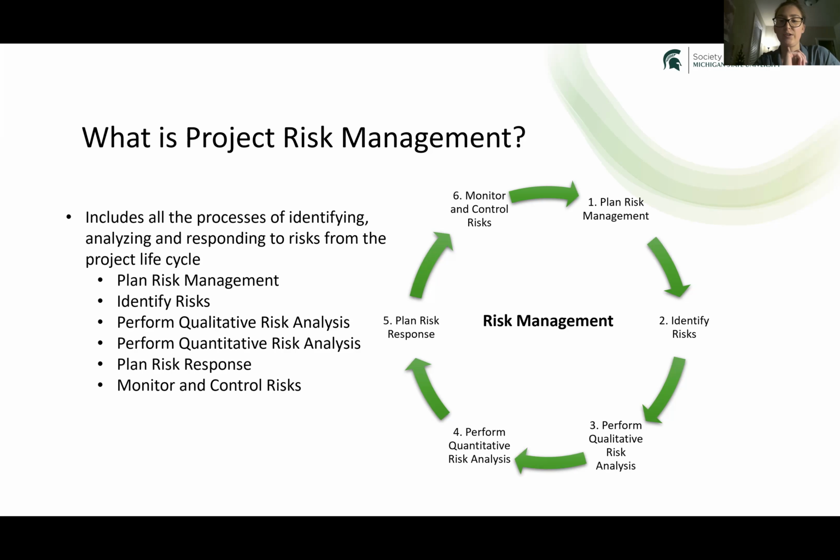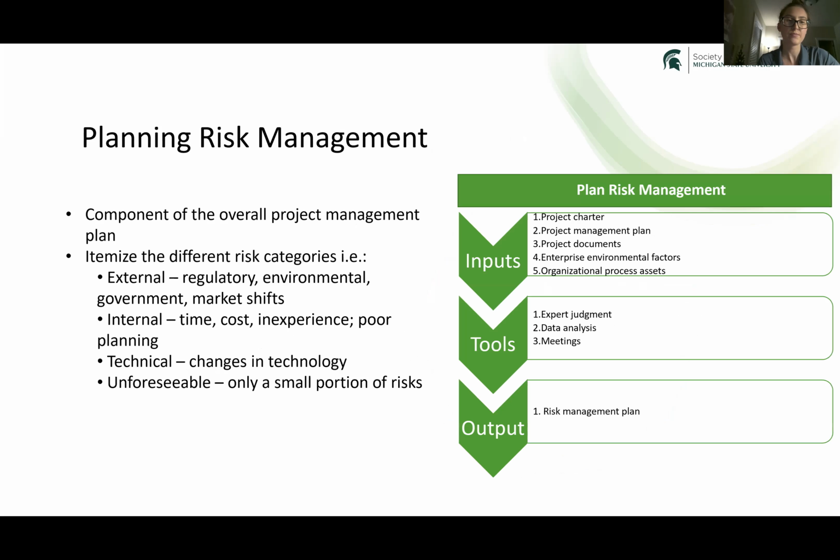So here in the picture, we can see the steps in risk management, which include coming up with a plan, identifying your risks, and then performing different risk analyses, which is qualitative or quantitative, and then planning your risk response and monitoring and controlling your risks.